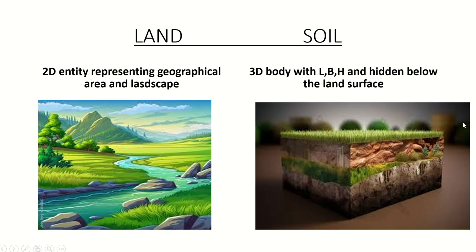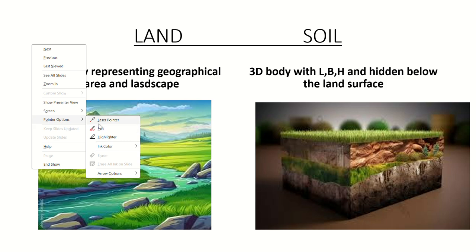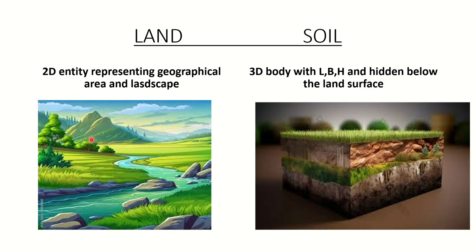So this introduction part starts with the differentiation between land and soil. From the picture you can see a land. It is a 2D entity representing the geographical area and landscape. So this is a land and this is a soil.